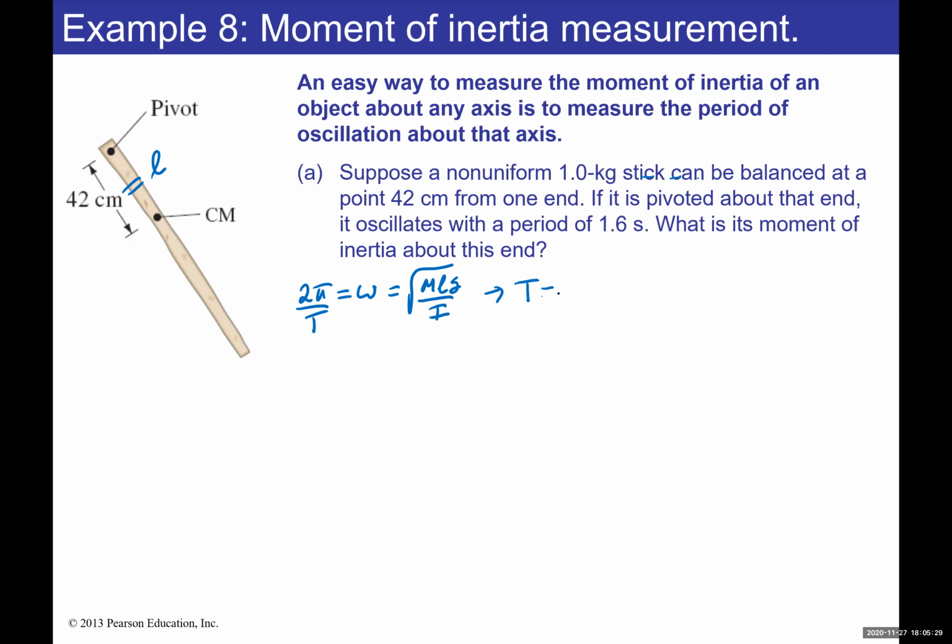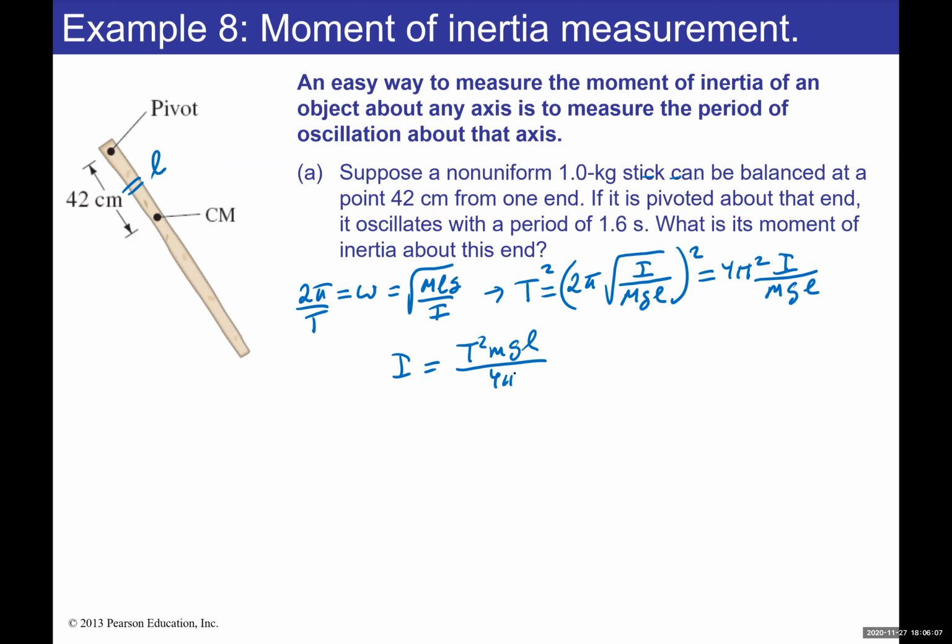So I can rewrite this as period equals 2 pi times the square root of moment of inertia over mgl. Again, I square both sides, so T squared equals 4 pi squared times moment of inertia over mgl. Remember, our goal here is to find the moment of inertia, so I equals T squared times mgl over 4 pi squared.